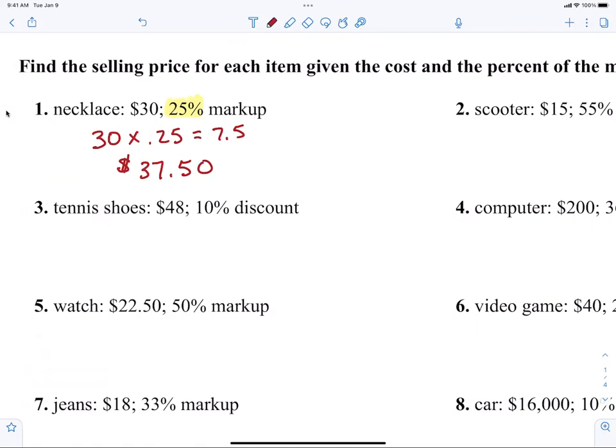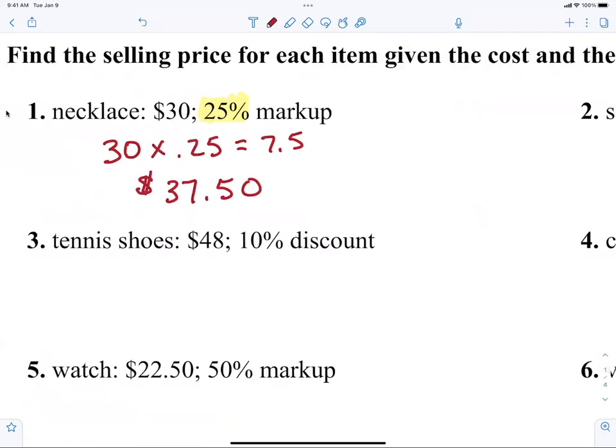Now I'm going to show you something even better than this. I need everybody to look up. I want everybody to put 100% above the $30. Right next to the 37.50, I want you to put, that represents what? 125%.